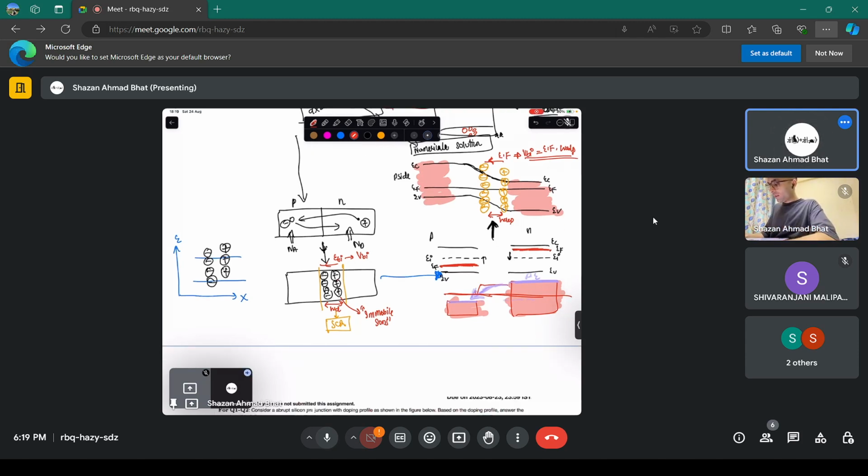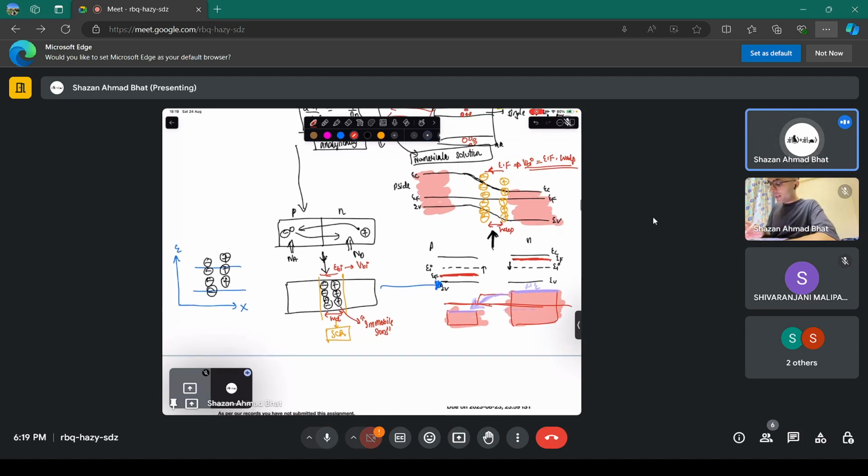Now you see that these negative charges here, negative ions, on this side have raised the potential energy of the electrons, and positive ions here have kind of lowered the potential energy.